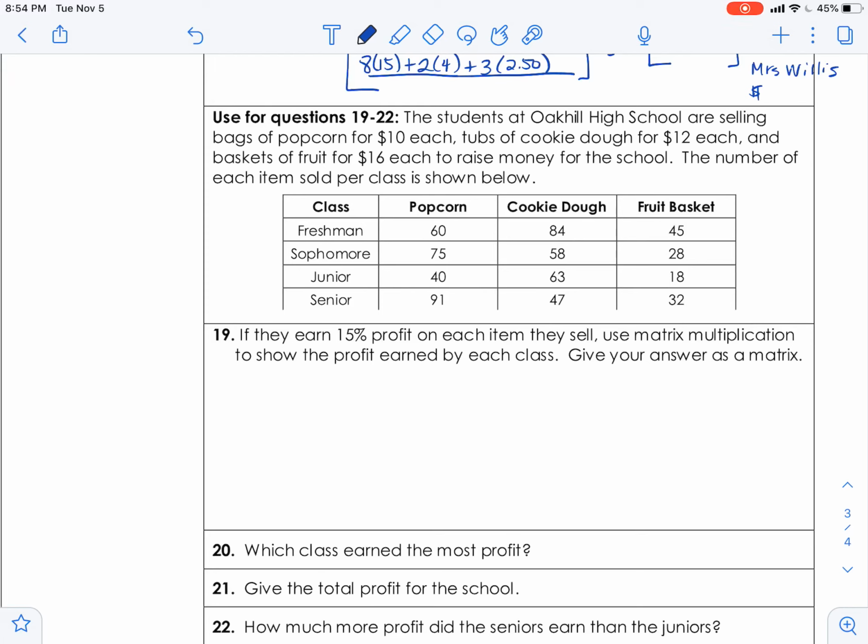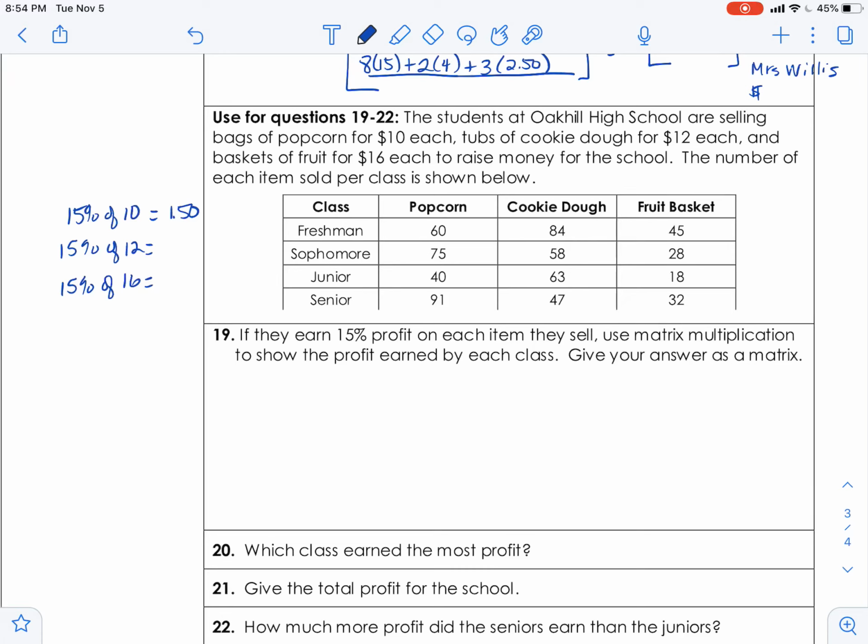And so in this case, they would be making for popcorn $1.50, 10 times 15%. Let's write it this way: 15% of 10. So that would be $1.50. And then we've got 15% of 12 and 15% of 16.